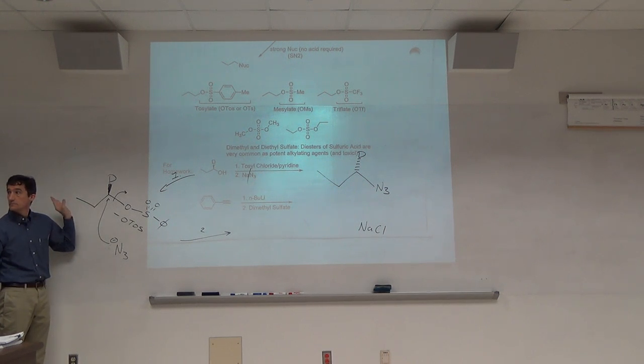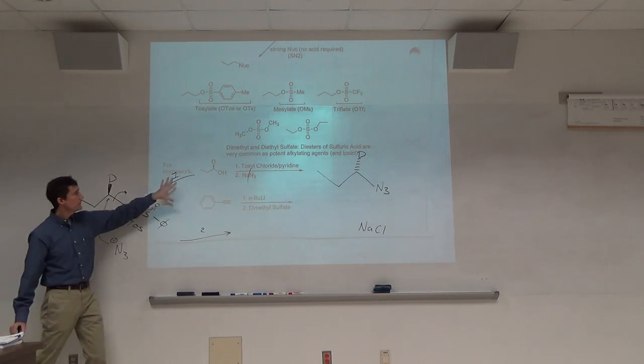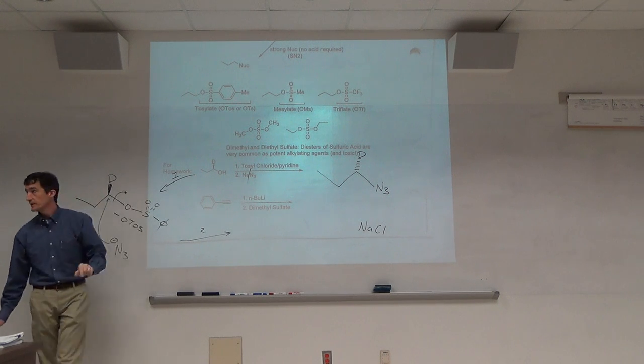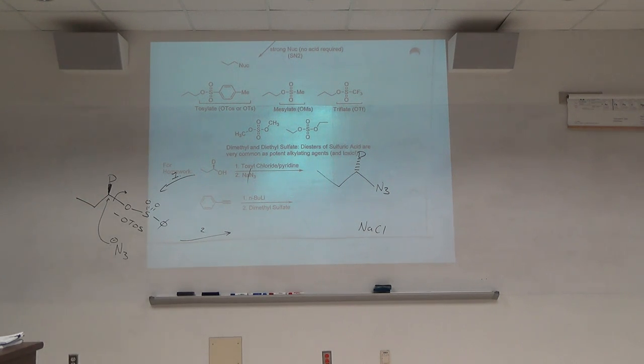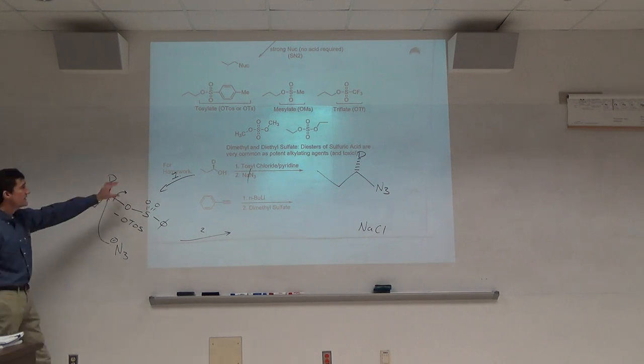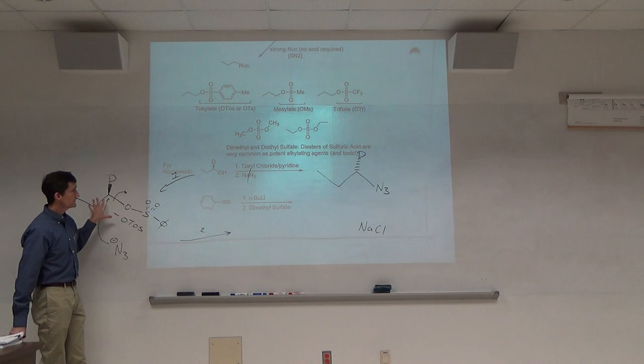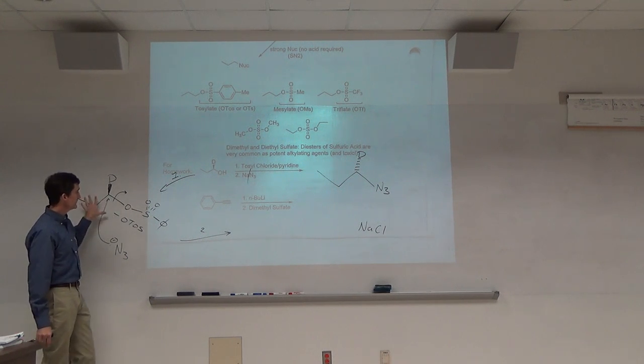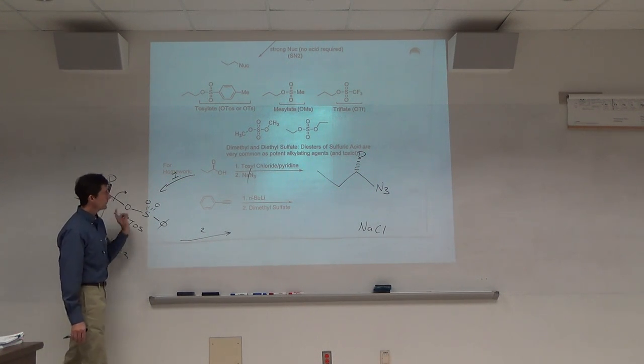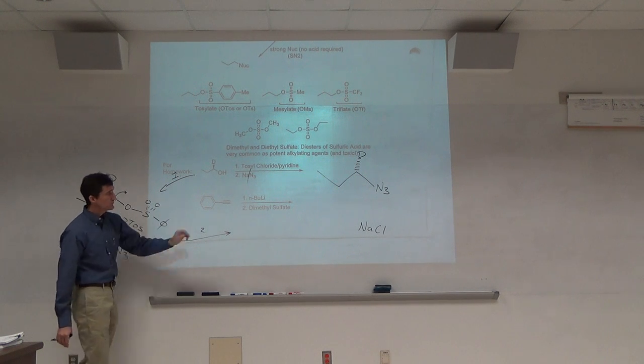So it doesn't come up from the top and then attack anything? Well, this mechanism was done up above. Do you have the mechanism drawn above? We've already done that mechanism. All you got now is tosylate. This is isolated, purified, it's a pure compound. You throw in a nucleophile, backside attack, boom.